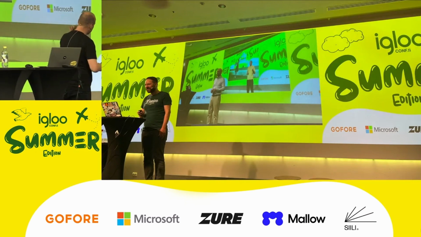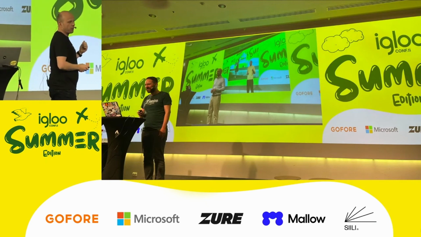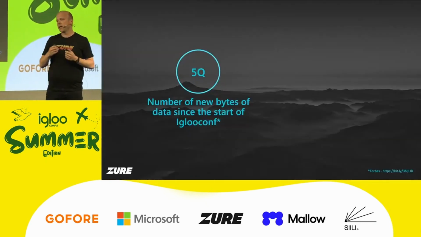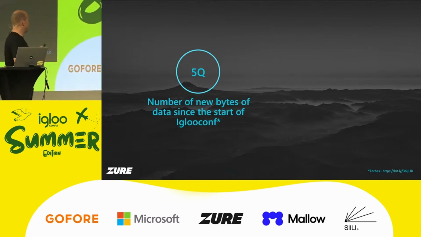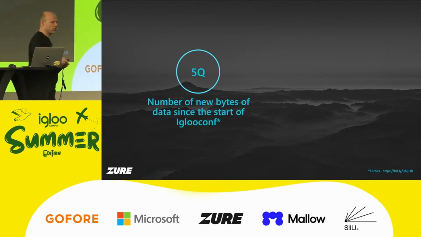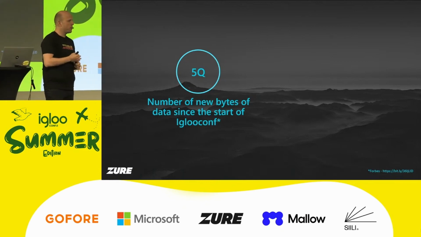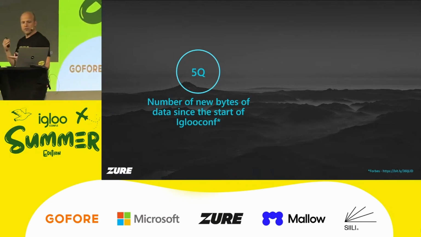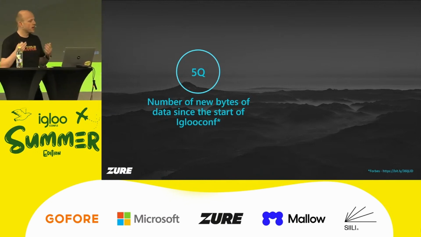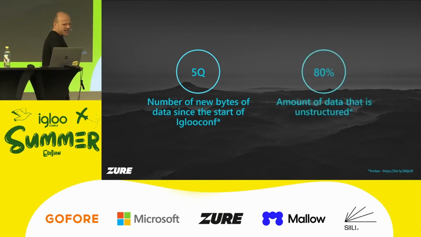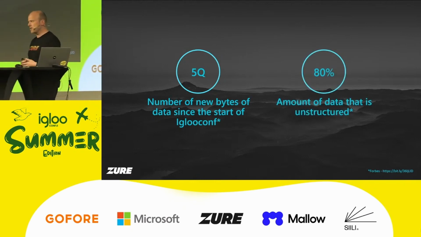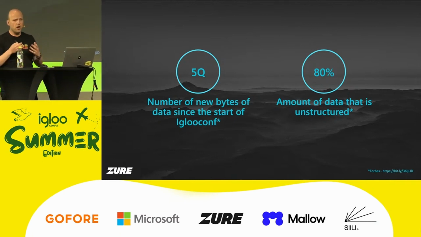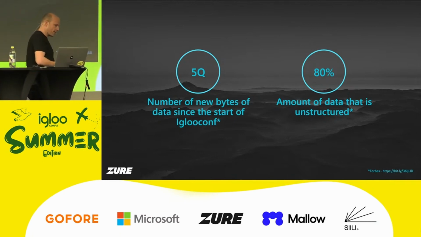And this is a pretty good example: of the data that is being generated and used, 80% is coming in unstructured formats. Think of PDFs, images, videos, audio files, and so on. It is estimated that within enterprises, 80% of their data comes in an unstructured format.